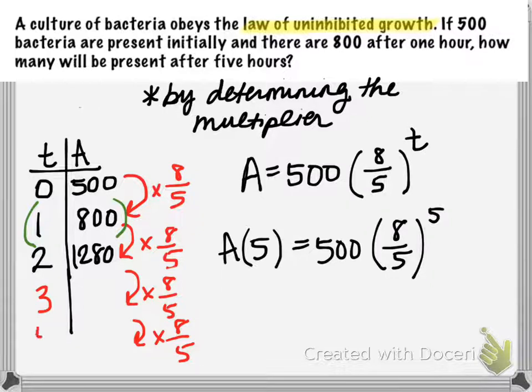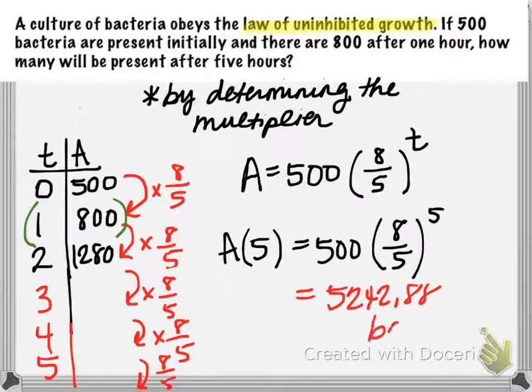And if we do another time, 1 hour later of 4, we'd multiply by 8/5 again. So it should make sense that if we wanted to go all the way to t equals 5, we would have to multiply by 8/5 5 times. And that will still give us our answer of 5,242.88 bacteria.